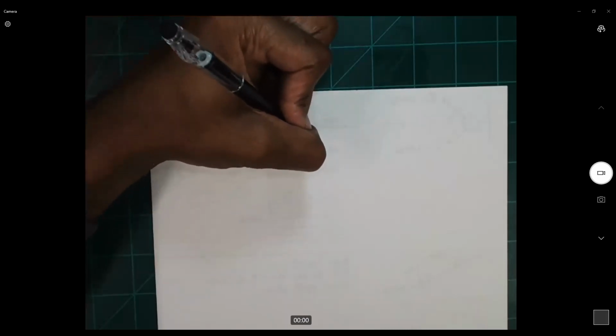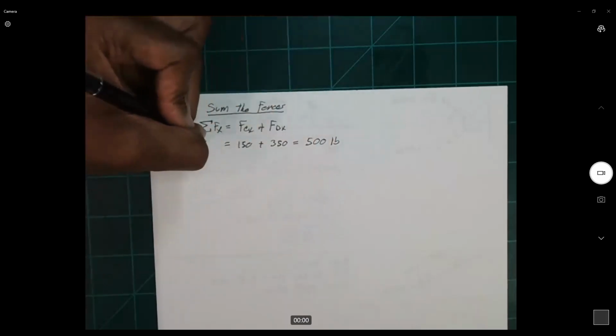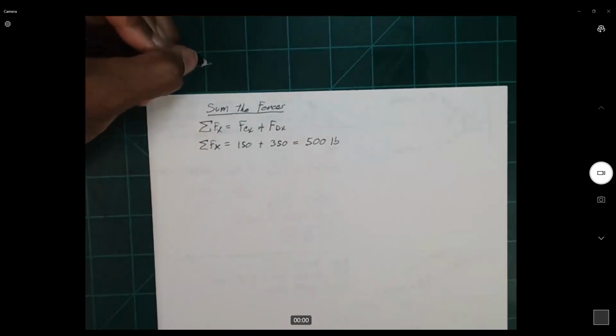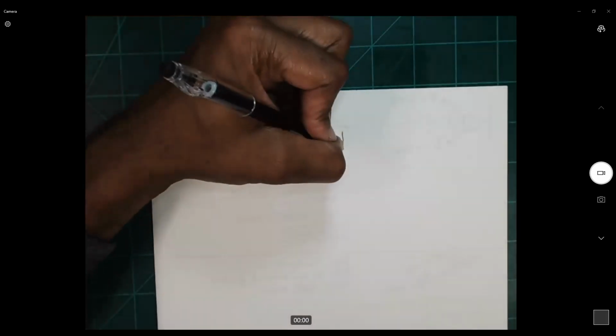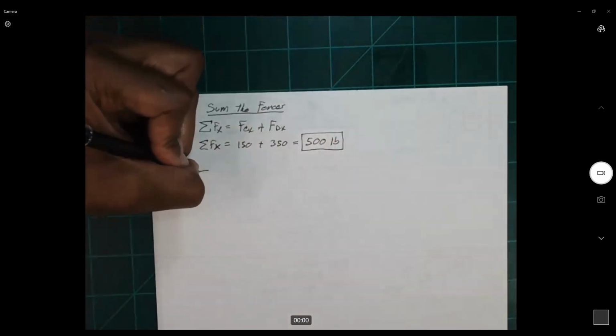We call this 500 pounds. So my sum of my FX forces, the sum of our X's, is 500 pounds.